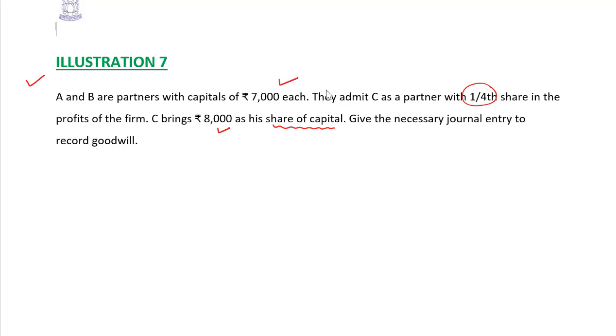Give the necessary journal entry to record goodwill. Solution.